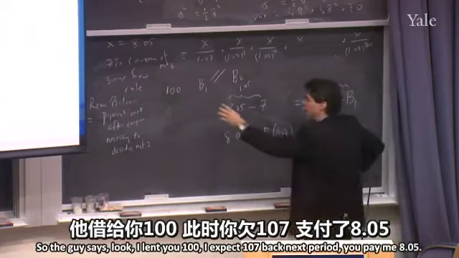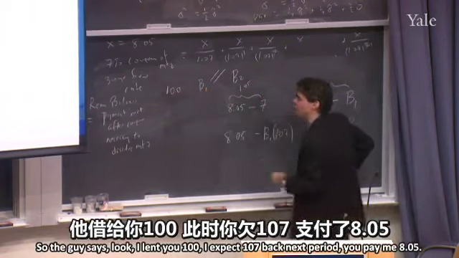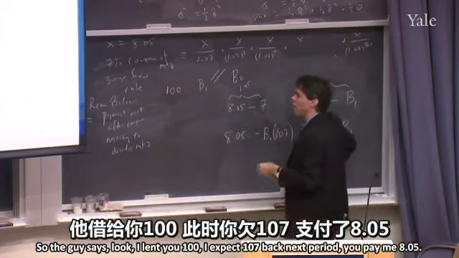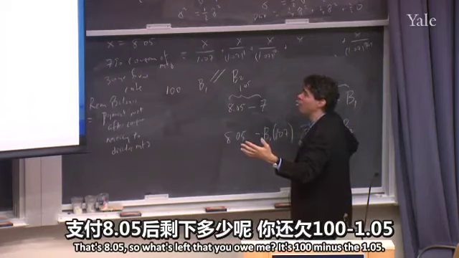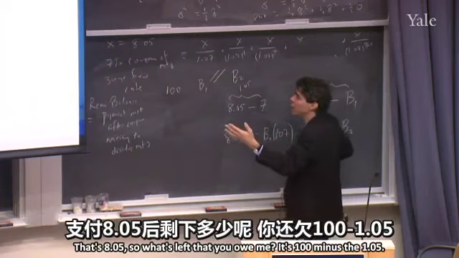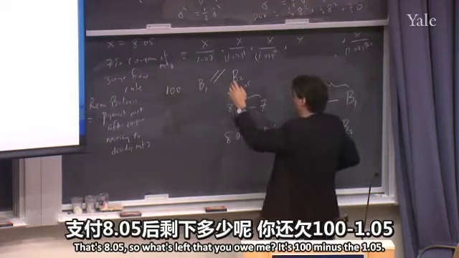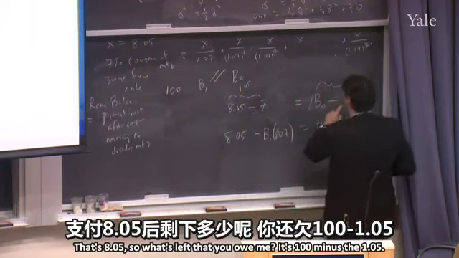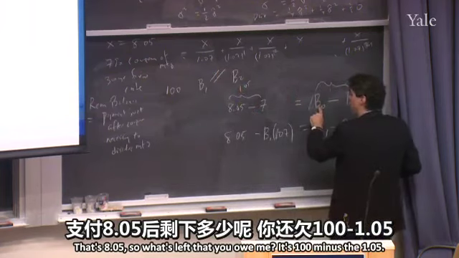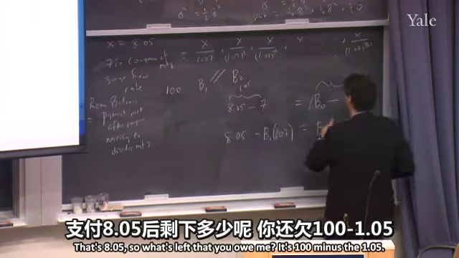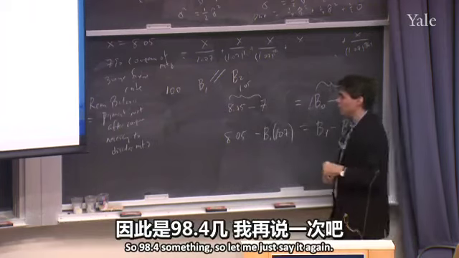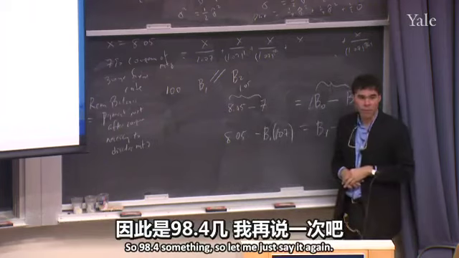So the guy says, look, I lent you 100, I expect 107 back next period. You pay me 8.05. So what's left that you owe me? It's 100 minus the 1.05, so 98.4 something.